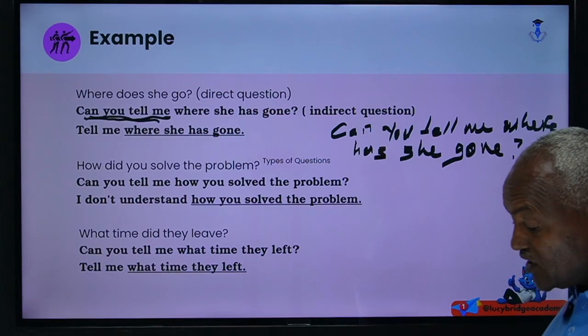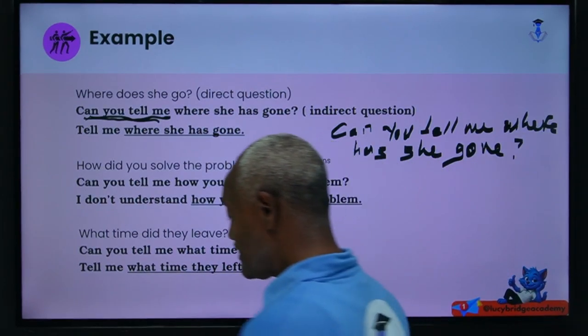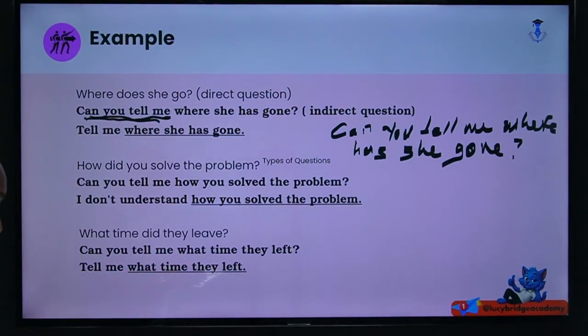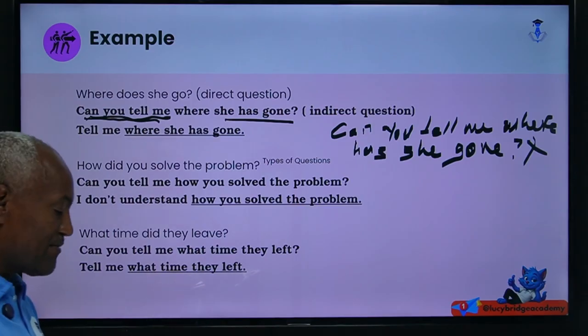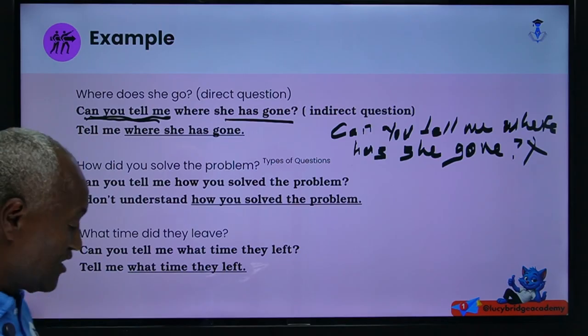The arrangement is not a subject verb arrangement. It must be "where she has gone." That is affirmative, or a subject verb arrangement. If we write like this, this is wrong. So you should make it like this when we talk about this. This is what I need to tell you.